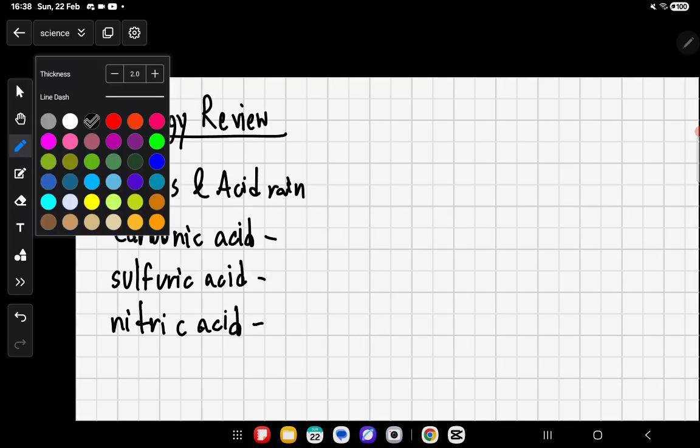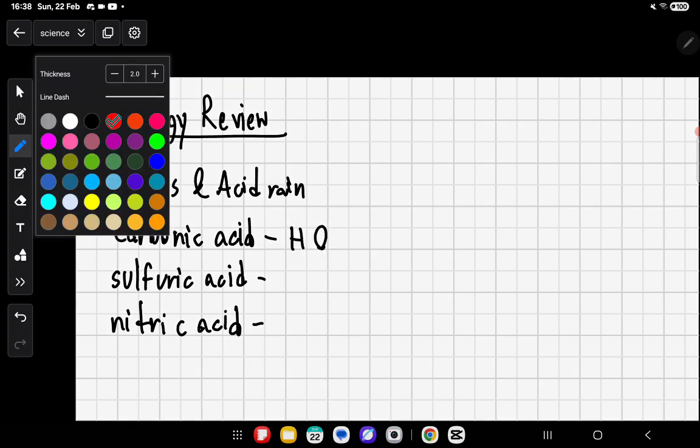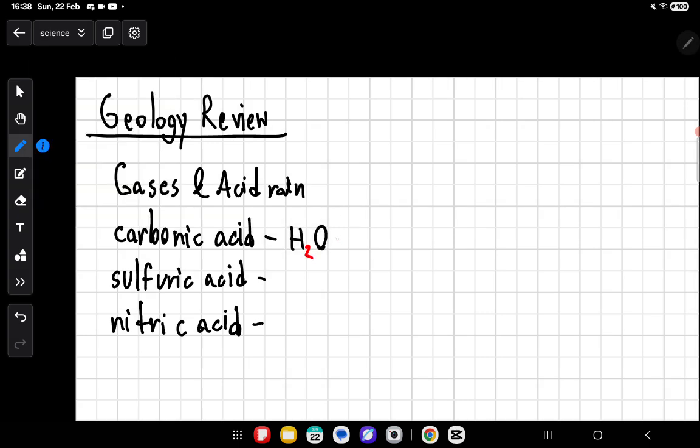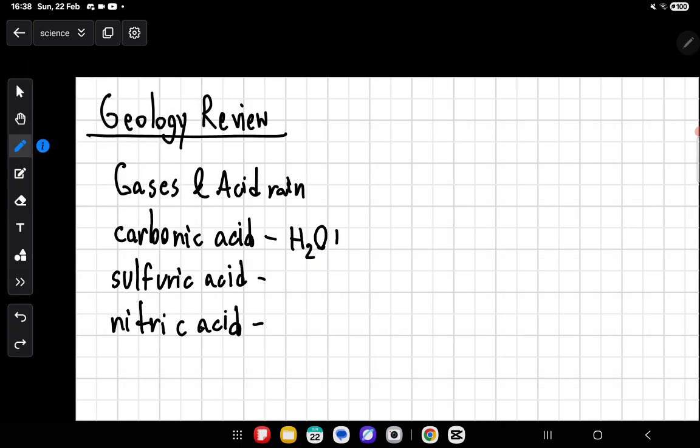Now, I'll also provide the formula for this. So it's H2O, right? It's H2O plus CO2 into H2CO3, making carbonic acid. So now sulfuric acid, we have H2O, SO2.